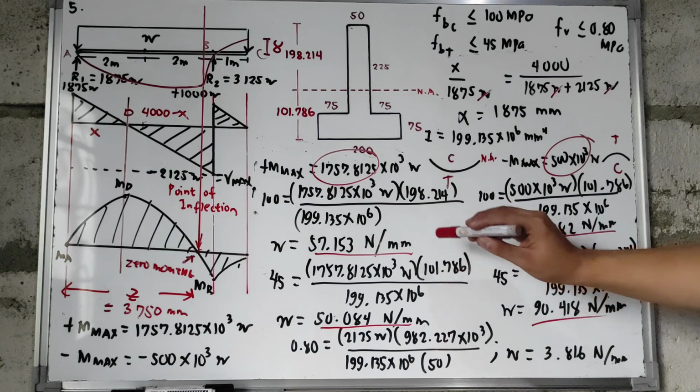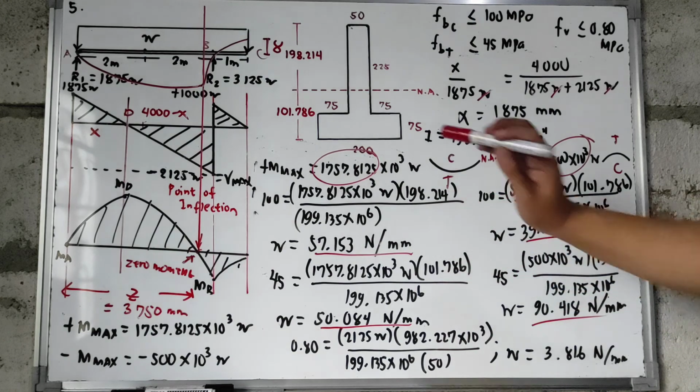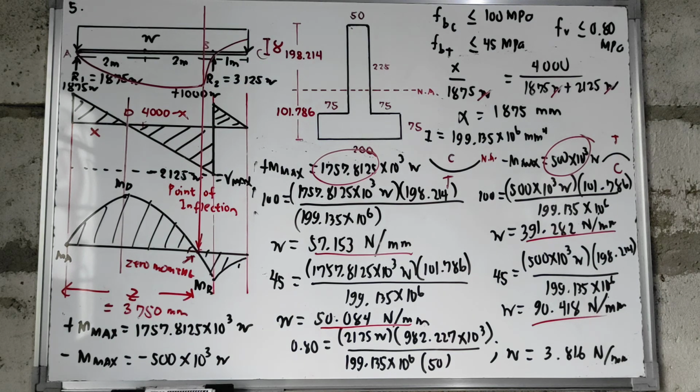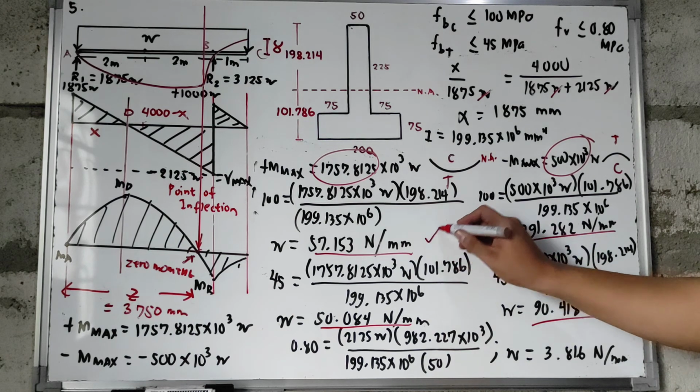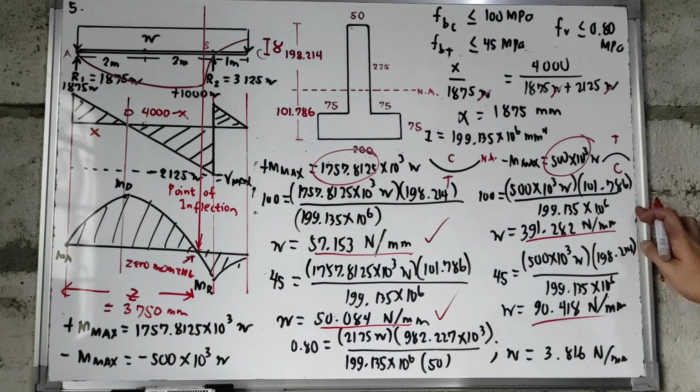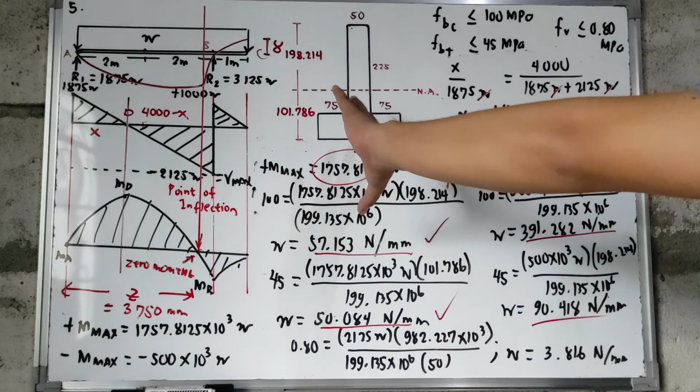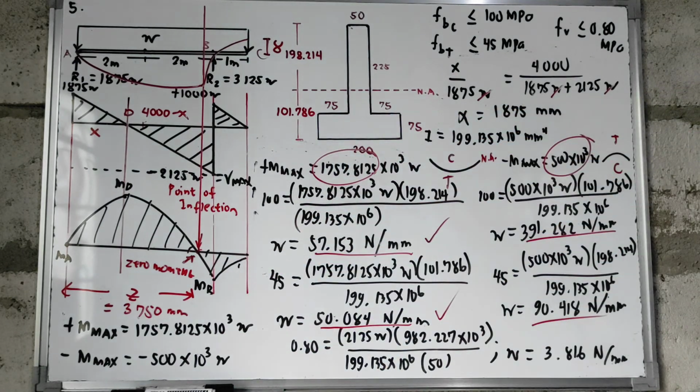So for this one, mas mababa yung mga nakuha nating value dito sa positive moment natin, which means mas safer etong mga loads natin compared dito. Kasi yung tendency kapag in-adapt natin yung mga values na to, mag-fail tayo dito sa part na to.